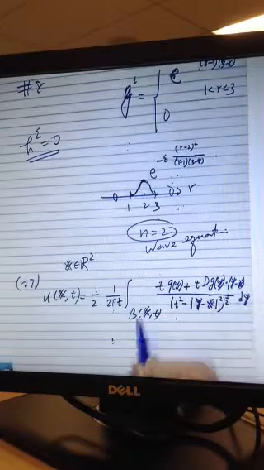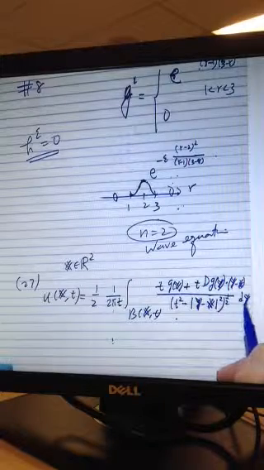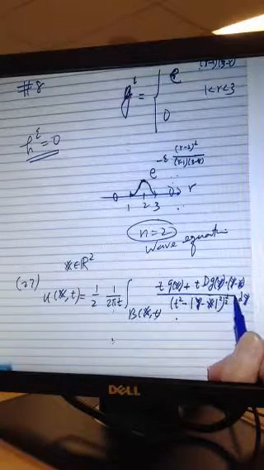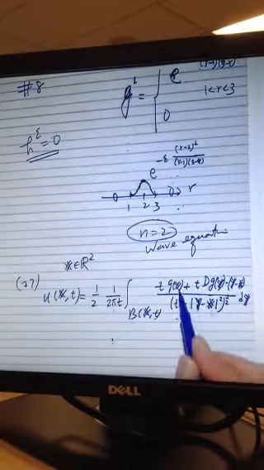Note that this is on the ball, so this is two-dimensional integration, not on the surface. So you have this integration and the g of y.